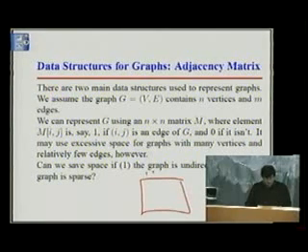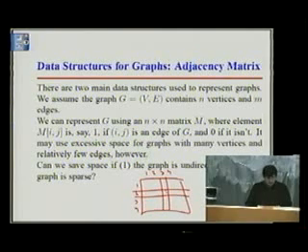If we have a graph on 4 vertices, we could represent all the edges by a 4 by 4 matrix, where the ijth element is going to be 1, let's say, or true, if there is an edge from i to j, and false or 0 otherwise.